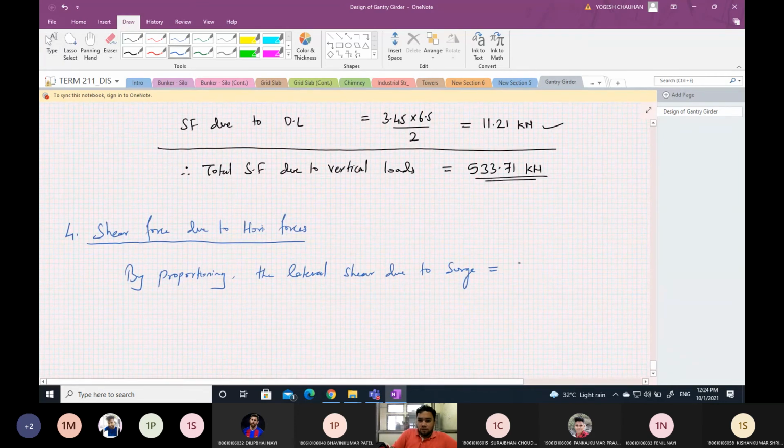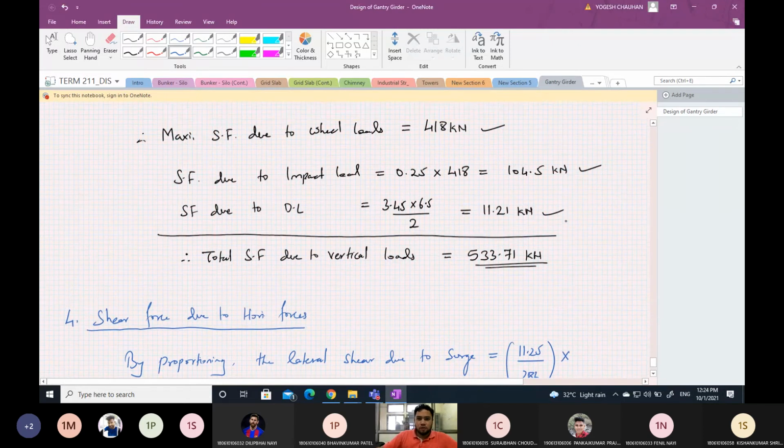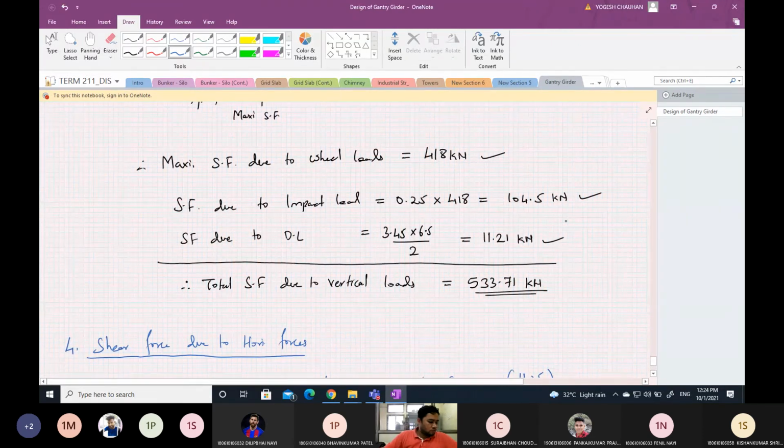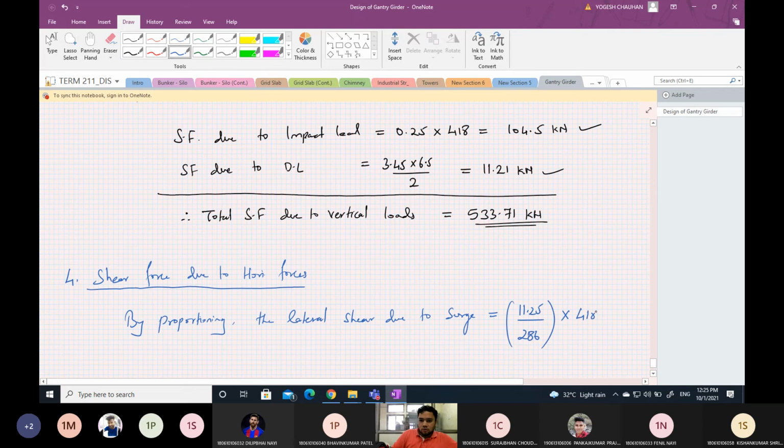So it will be 11.25 divided by 286. Now this gives a shear force of this value, into 418. So how much is this value?